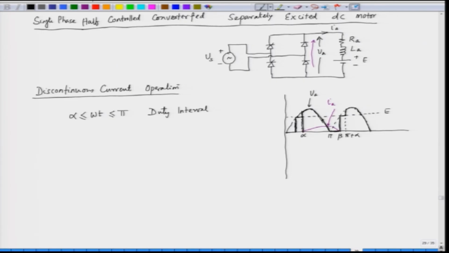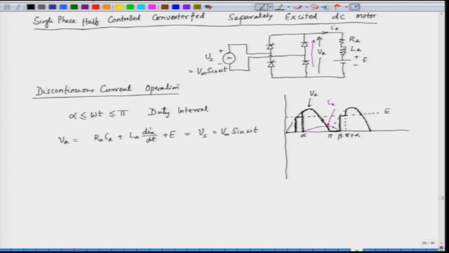So, we have an RLE circuit, V A is equal to R A I A plus L A d I A by d t plus E, and that is equal to V m sin omega t, or V s. V s is V m sin omega t, it is a sine voltage.